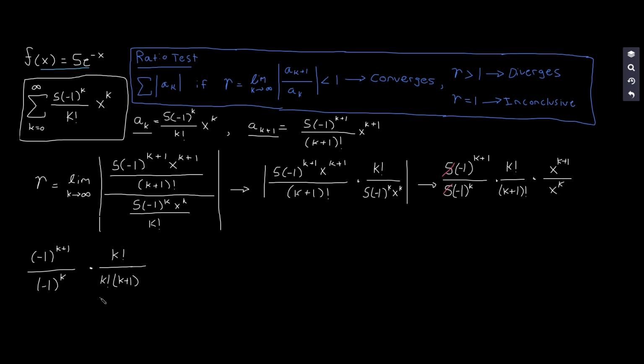These are the same. And we'll find that these k factorials are going to cancel, but we'll do that in a different color in a second because I just want to look at this here. So x raised to the power of k plus 1 over x raised to the power of k.